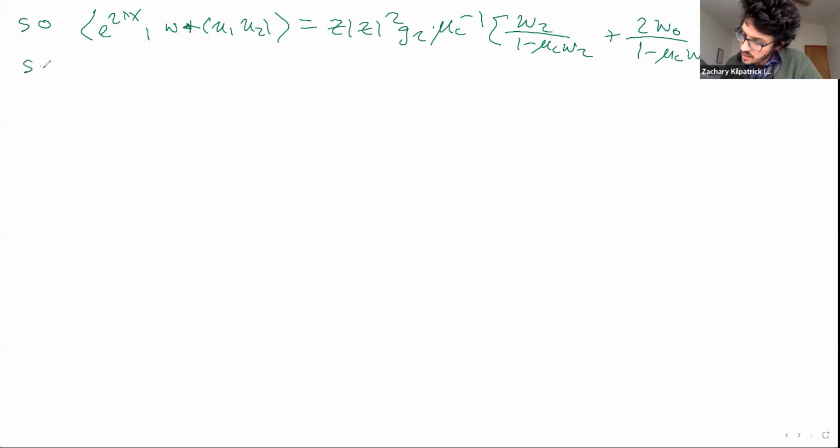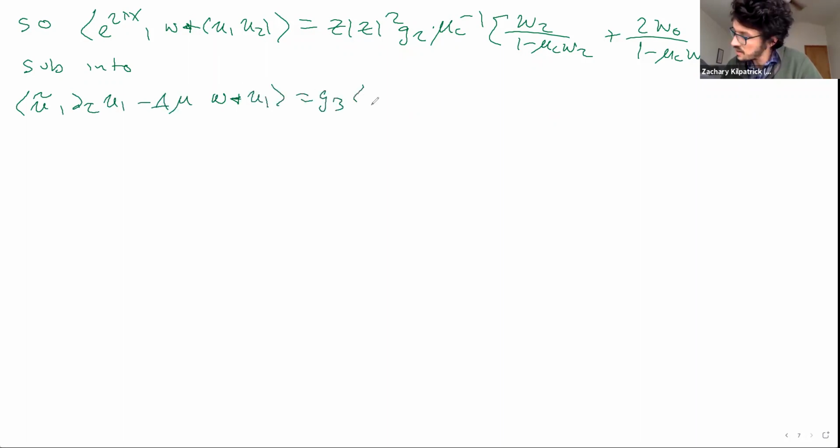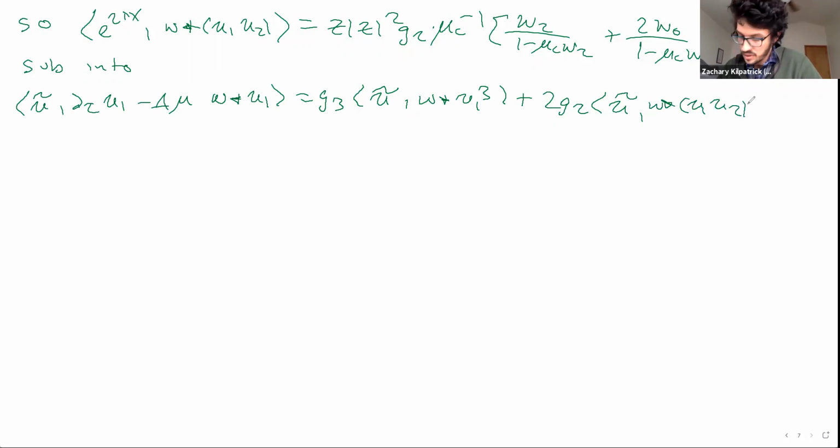Okay. And if we sub this into mu tilde dt u1 minus delta mu w star u1 equals g3 u tilde w star u1 cubed plus 2g2 u tilde w star u1 u2.